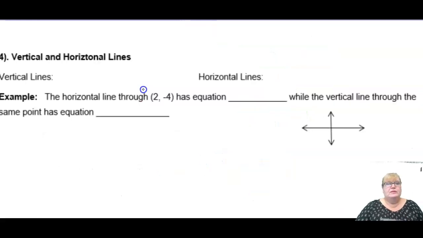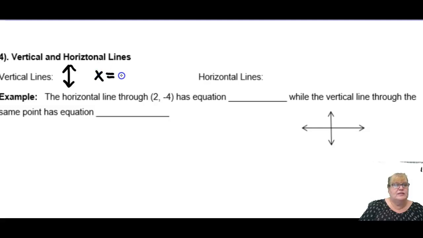All right. Last part of the, almost the last part. This is just a little special overview. Vertical lines go this way. They cross the x-axis, so they are going to be x equals some kind of number, like -12. I'm making up a number. And they have undefined slope.